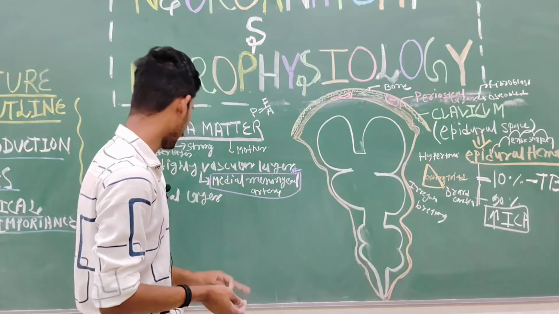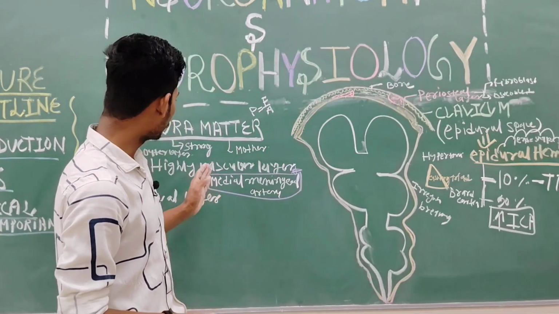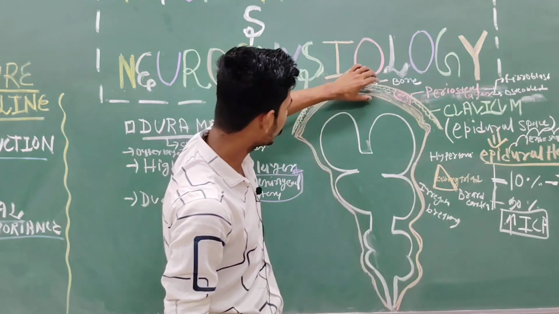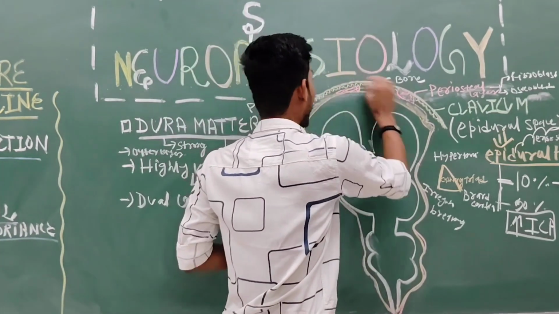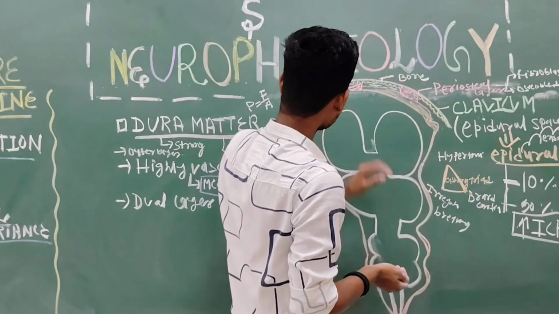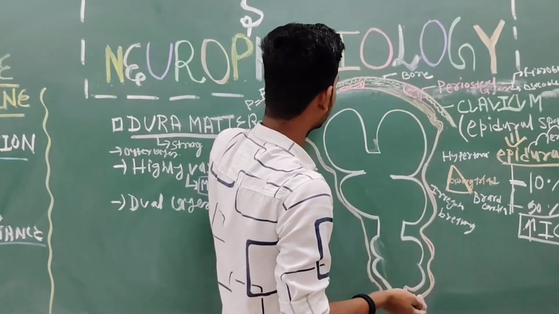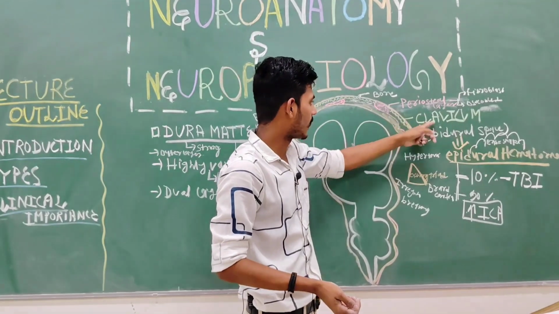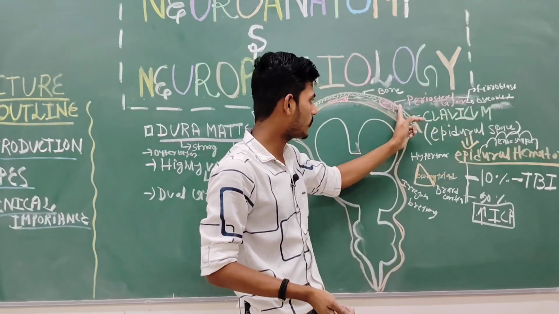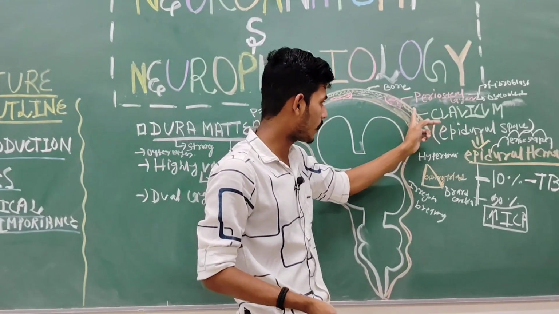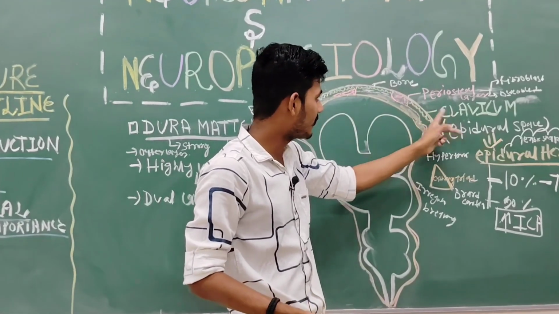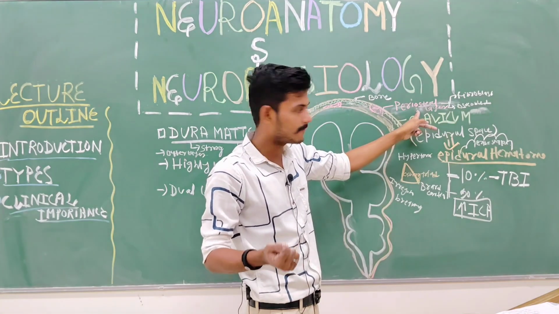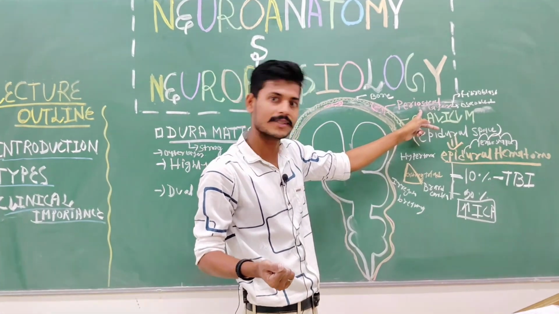This dura mater is a dual layer. The first layer is attached with the cranium, the calvarium, and this layer of the dura mater, attached in most places with the calvarium, is called the periosteal layer, a strong fibrous layer containing fibroblasts and osteoblasts.